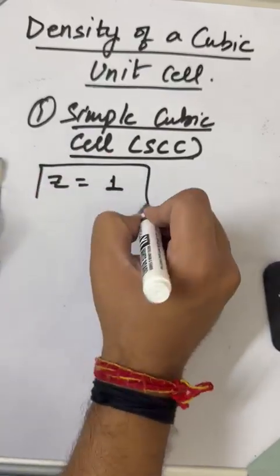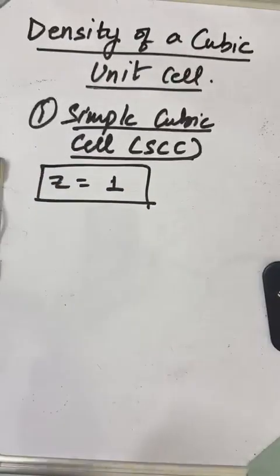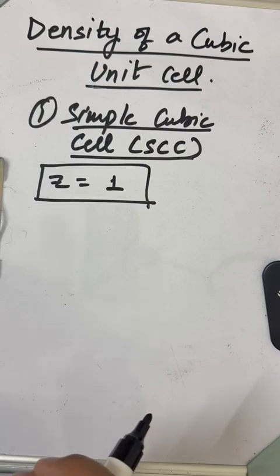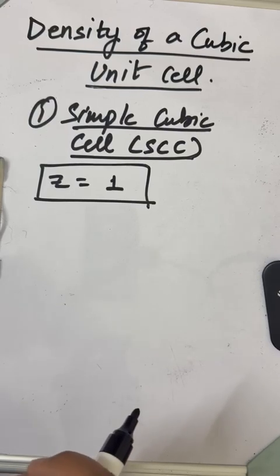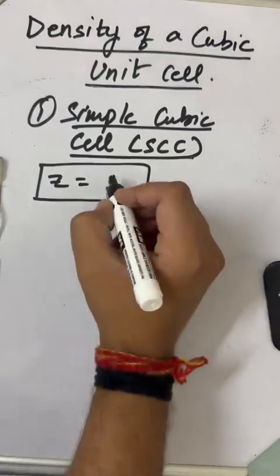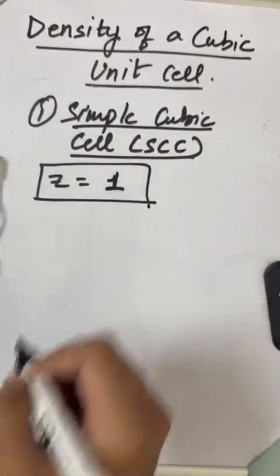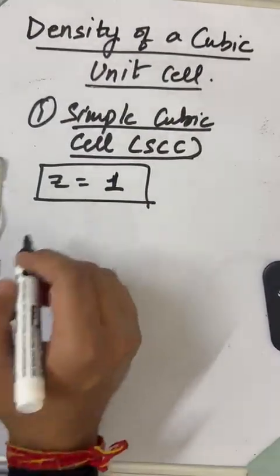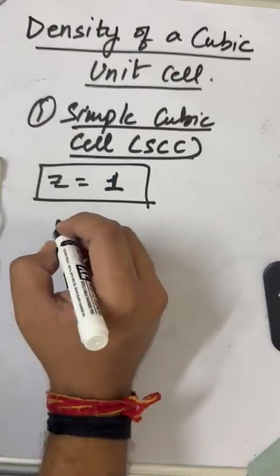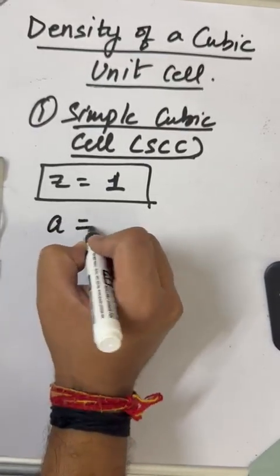If you want to know how we arrived at the value 1, there's already a video posted on my channel which teaches you how to calculate the total number of atoms inside a cubic cell configuration. So I will move forward here. Next is A, which is the edge length.